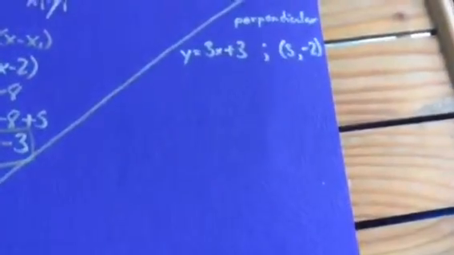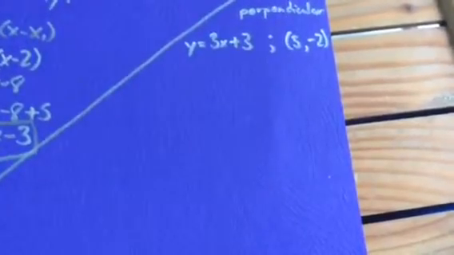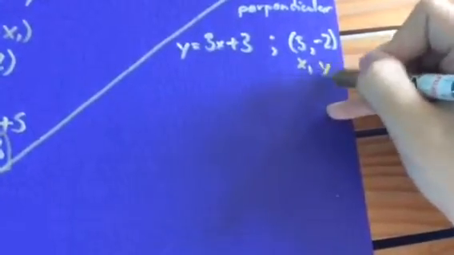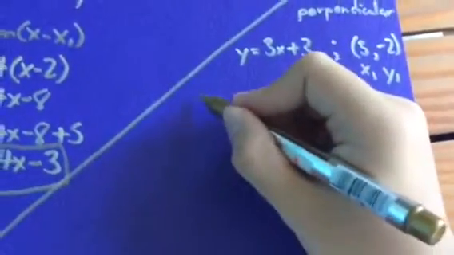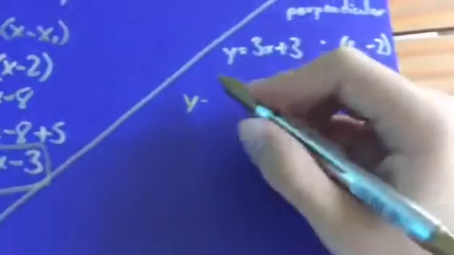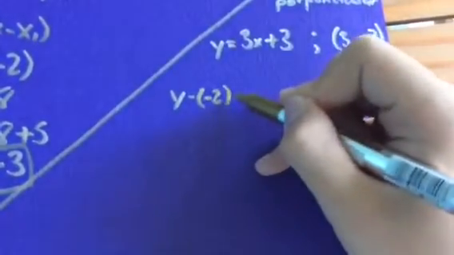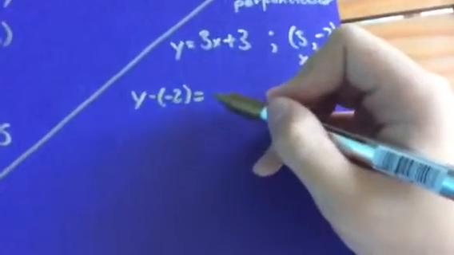But again, what if you only have one of them? Okay, now the good news is you can use the same formula used in the parallel with what you have with the perpendicular. So this again would be x sub 1 and this would be y sub 1. And it would be y minus negative 2, which is y sub 1, equals, what's the slope?